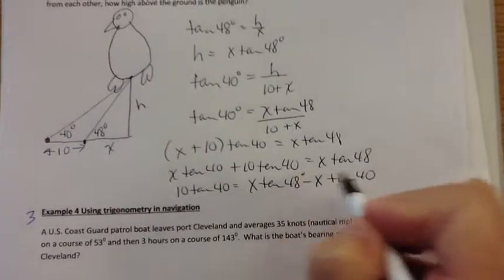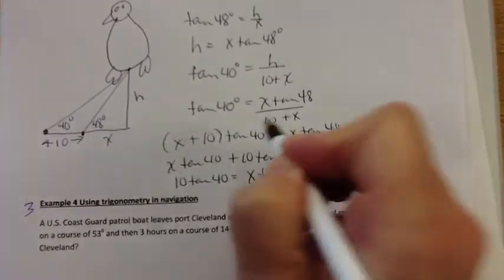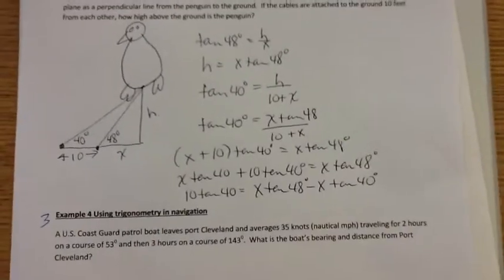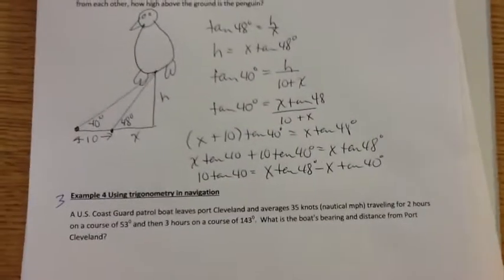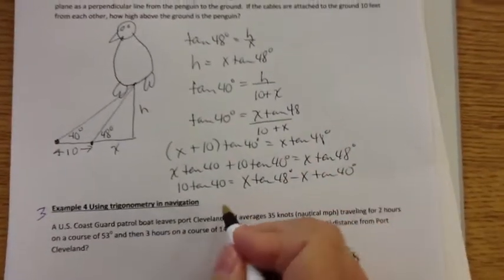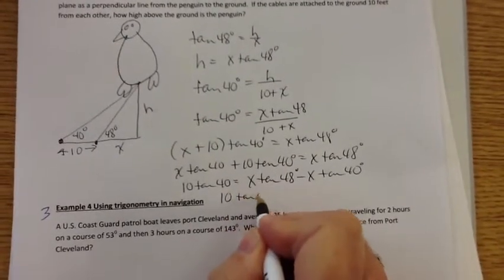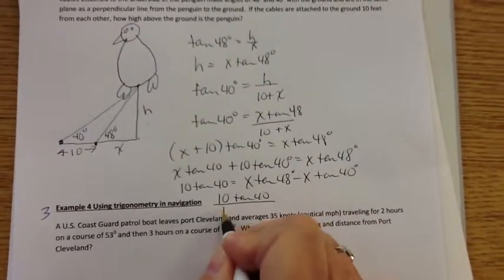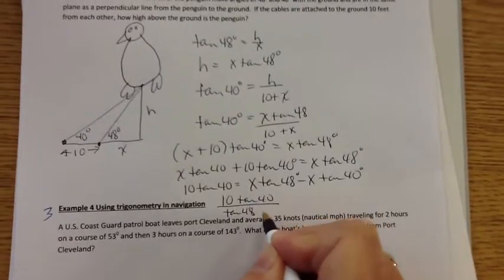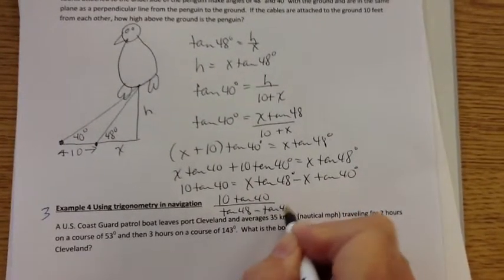And these are, of course, in degrees. I keep forgetting to put my degree symbol. And I need to actually factor. So I have 10 tangent of 40 equals x times tangent of 48 minus tangent of 40.